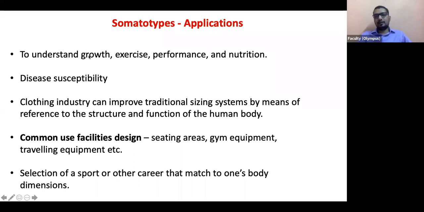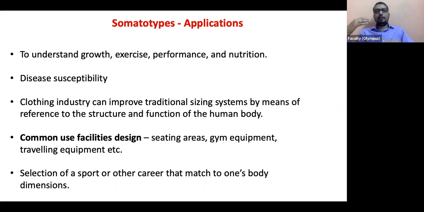I was telling you initially about the Hippocrates theory we talked about, where people were categorized based on whether they're susceptible to something like TB, or susceptible to cardiovascular problems. So definitely there is a connection. If people are undernourished, it reflects on the body type, which in turn tells about their vulnerability to disease.